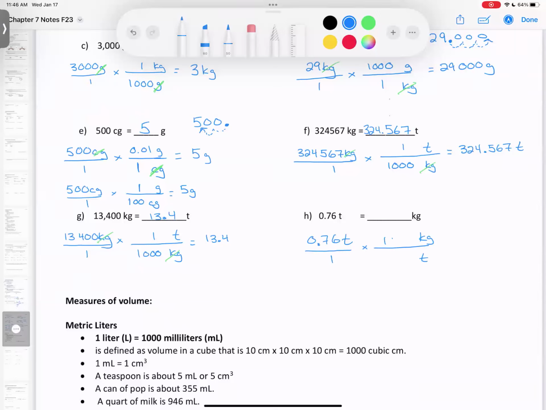And there's 1,000 kilograms for every 1 ton. Our tons are going to cancel here. And so we're multiplying 0.76 by 1,000. And what does that give you? 760. So you end up then with 760 kilograms.